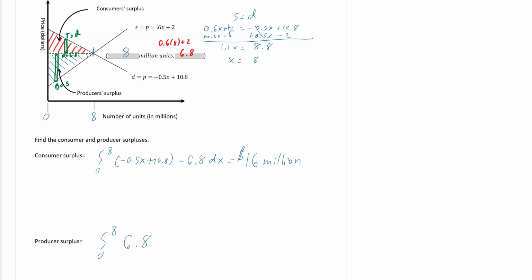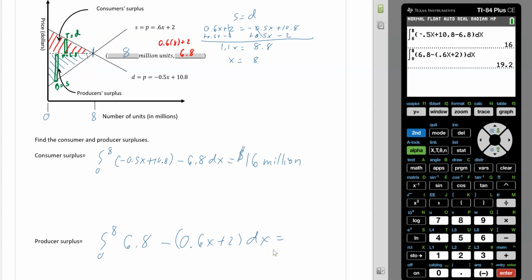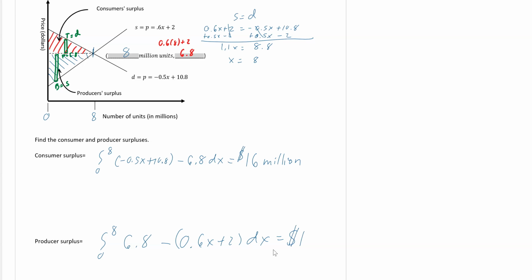So we're subtracting in reverse: 6.8 minus 0.6x plus 2. Make sure you put that in parentheses, and we plug it in the calculator. And again, it's not 19, it's 19.2. It's $19.2 million. And there you go.